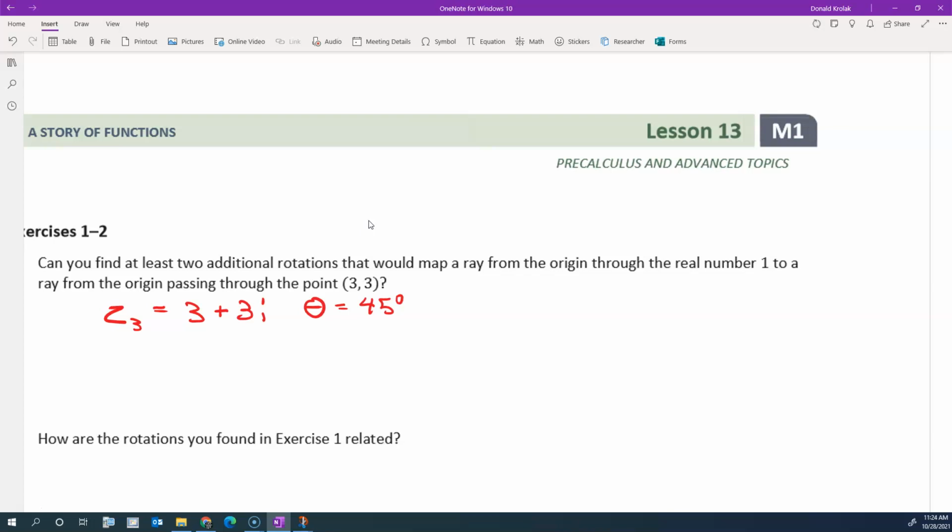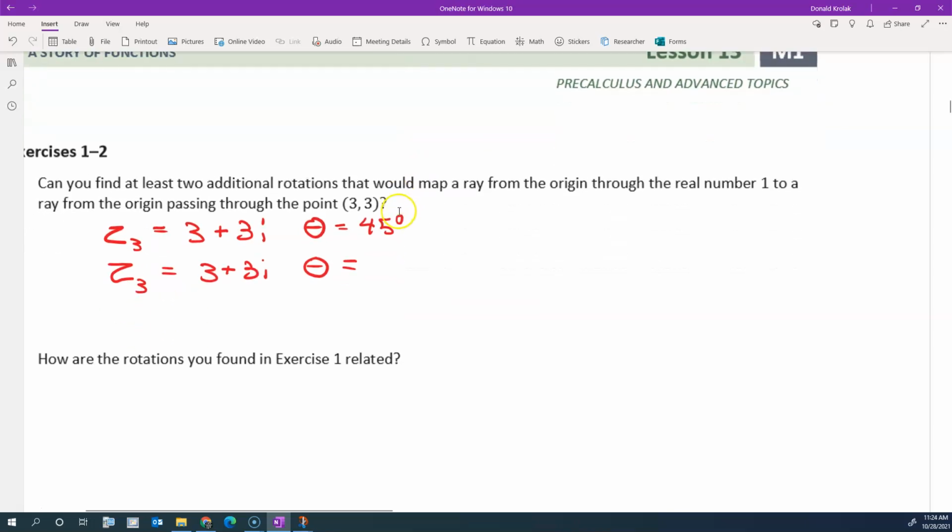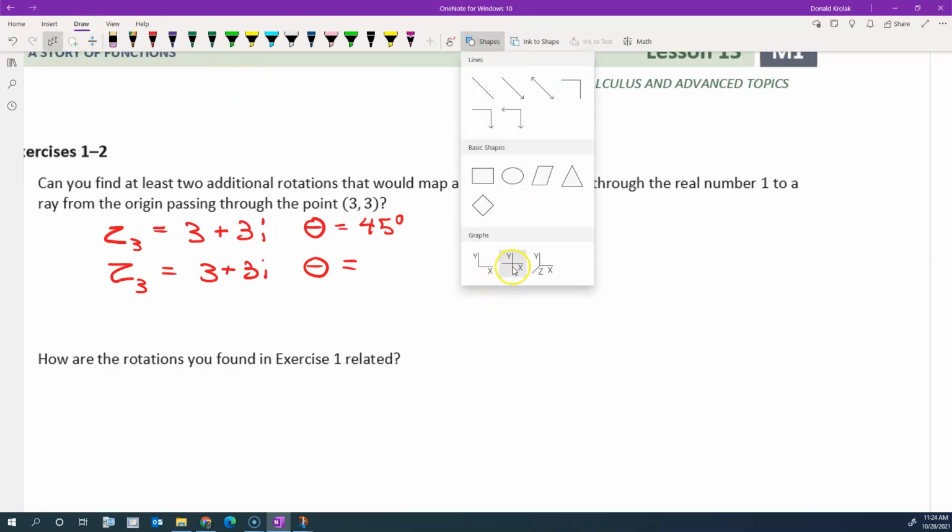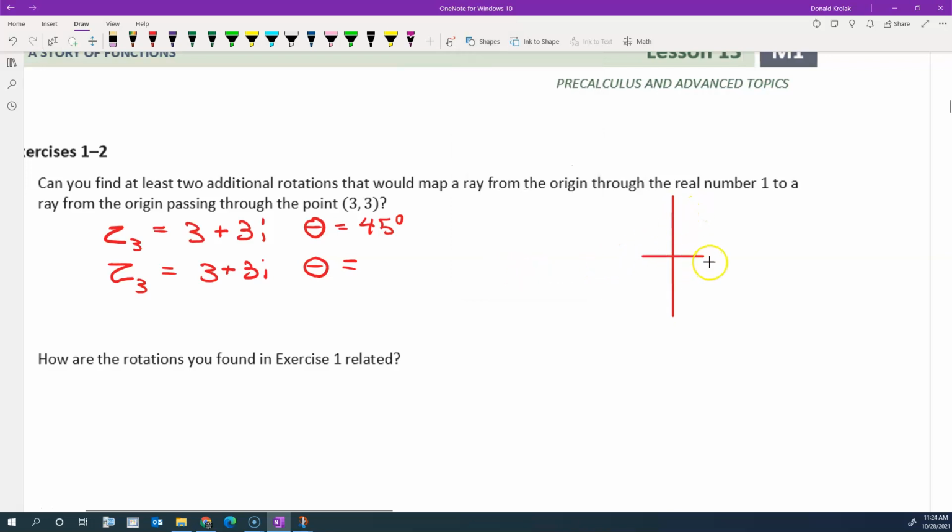So what this is asking, could you use a different angle that lands at the same place? Instead of going 45 degrees, what's another rotation that you could have done and be at the exact same place?